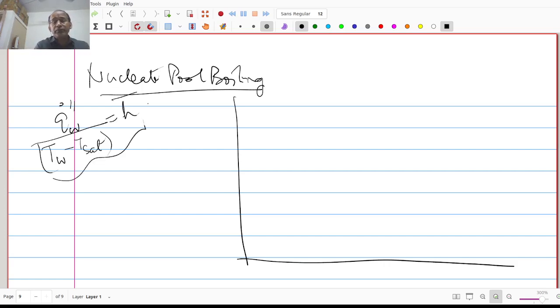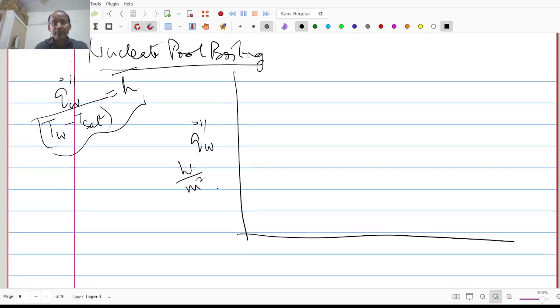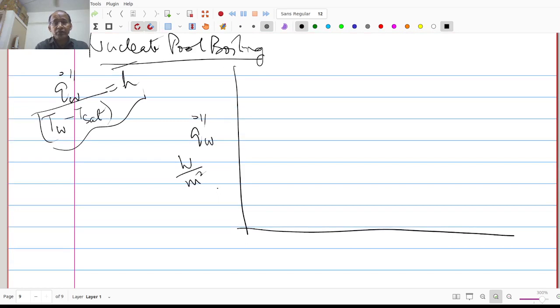So the boiling curve that we normally plot is Q dot wall in watts per meter square, okay, against the superheat temperature, which is T wall minus T sat in Kelvin. Okay, so this is a log plot. So let's try to do that. Let's say this is 10 to the power of 2, 10 to the power of 3, 10 to the power of 4, 10 to the power of 5, 10 to the power of 6.